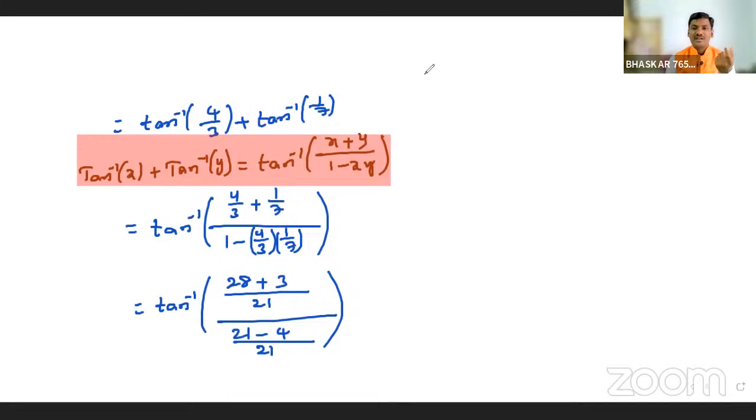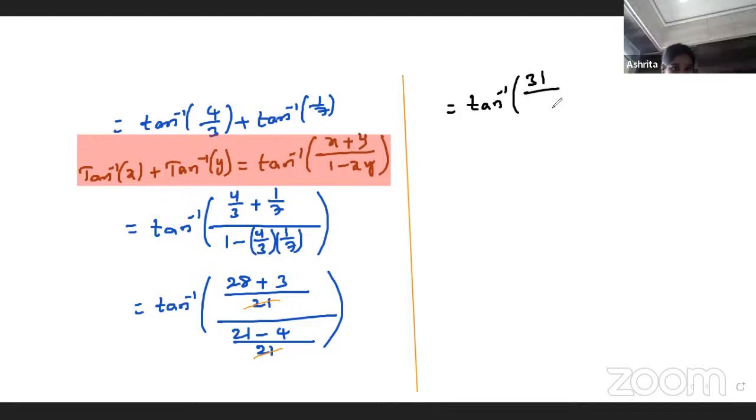Here you can cancel the denominator 21 and 21. Now what is remaining? This becomes tan inverse of 28 plus 3, 31, divided by 21 minus 4. How much?